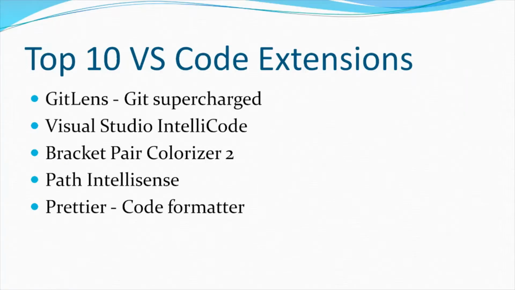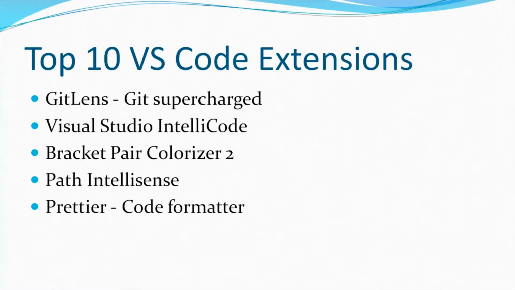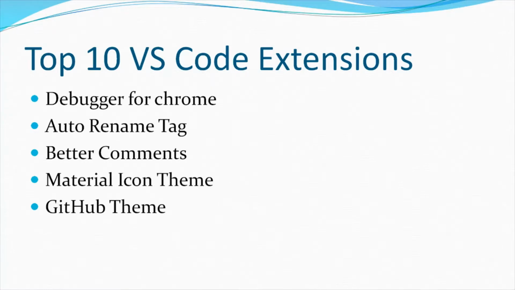So the extensions are GitLens, Visual Studio IntelliCode, Bracket Pair Colorizer 2, Path Intellisense, Prettier code formatter, Debugger for Chrome, Auto Rename Tag, Better Comments, Material Icon Theme, and GitHub Theme.